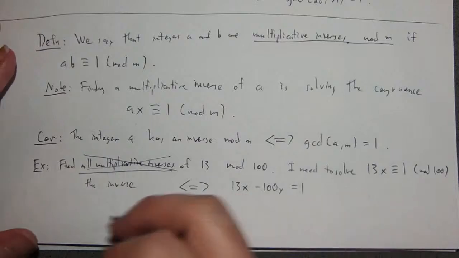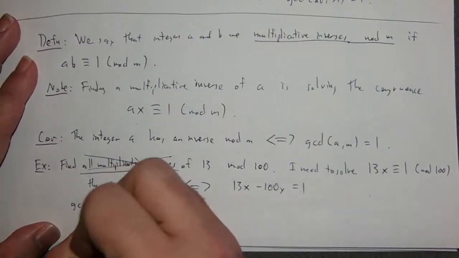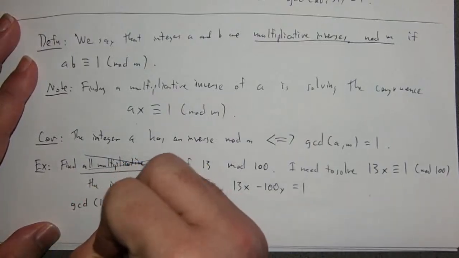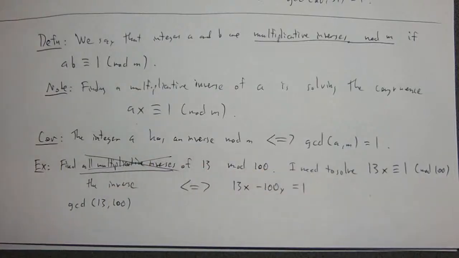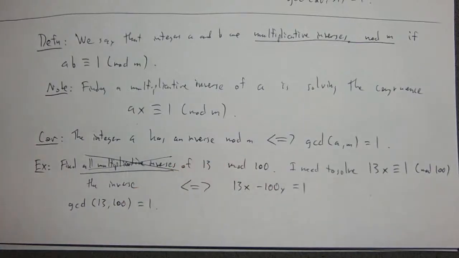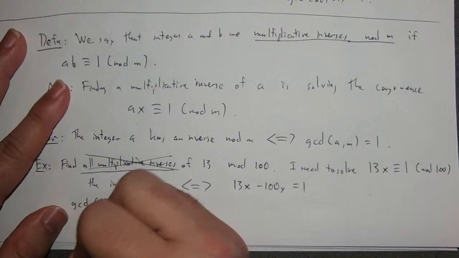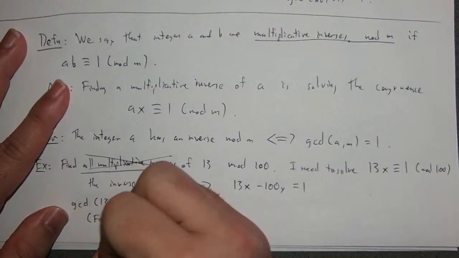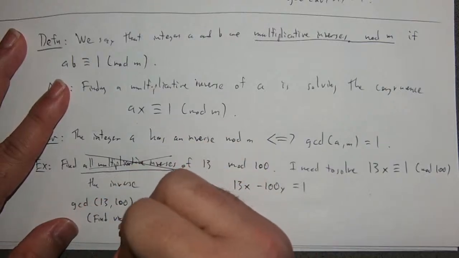Okay, what is the GCD of 13 and 100? The GCD of 13 and 100 is 1. Okay, so find via Euclidean algorithm, because you're going to use that later.